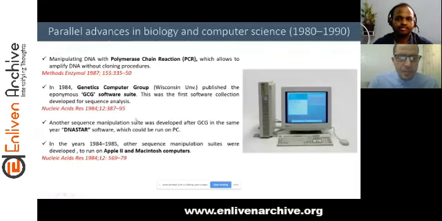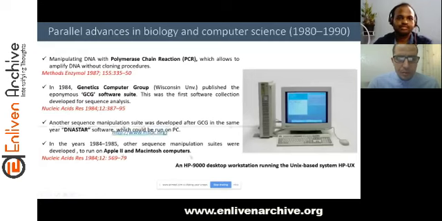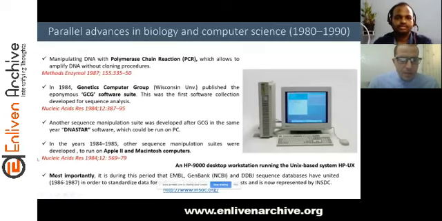Another sequence manipulation suite was developed after GCG in the same year, known as DNASTAR software, which could be run on a PC. In the years between 84 and 85, other sequence manipulation suites were developed to run on Apple II and Macintosh computers.